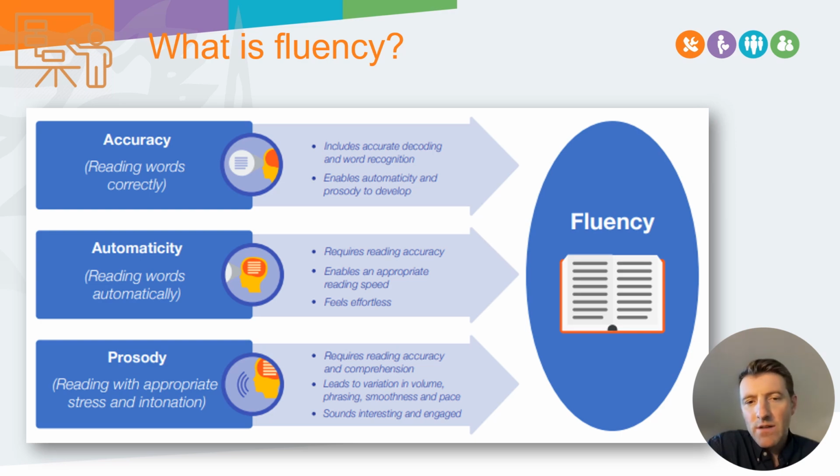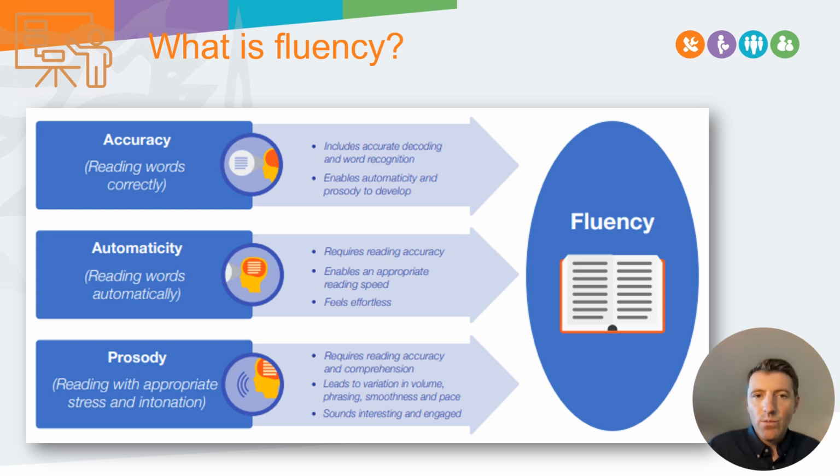And we need to be mindful of all three parts when trying to support our learners to become more fluent. Now, as we've said a lot when we're talking about reading, the simple view of reading says that there are two components to being a capable, competent reader. One of them is decoding and one of them is comprehension. And fluency is part and parcel of enabling those two things to come together.